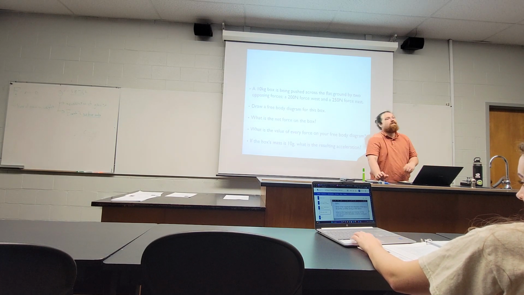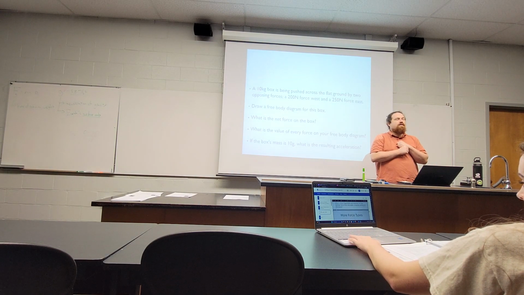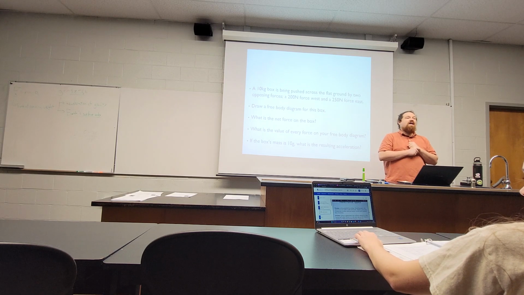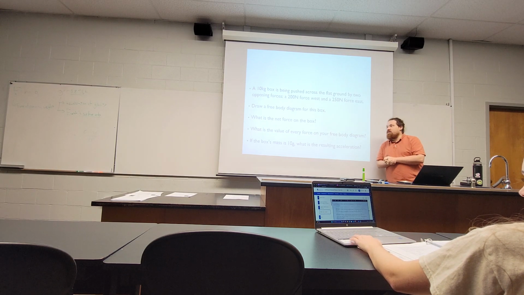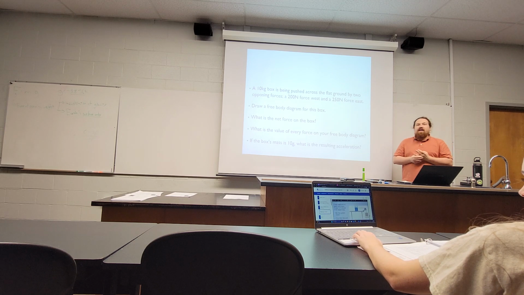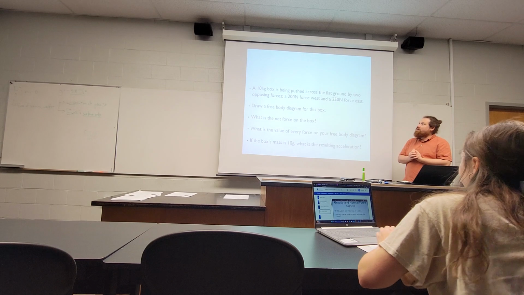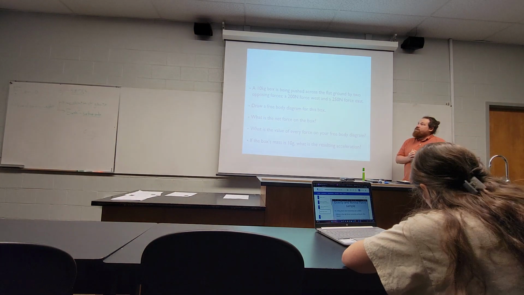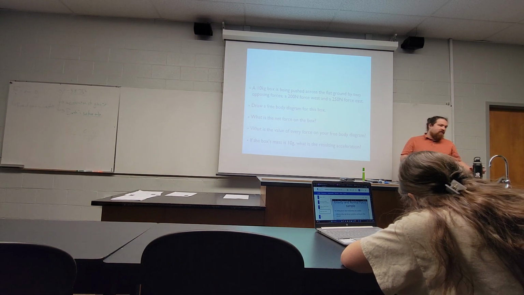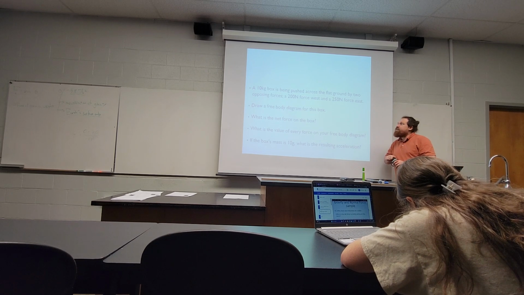All right, so we've been talking about Newton's laws and discussing various types of force and how they interact with Newton's laws. And we started today with a little bit of practice to review what we did last time. We're going to place a 10 kilogram box on a table, and some various forces are going to begin acting on it.